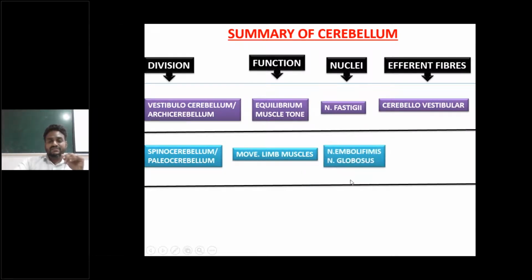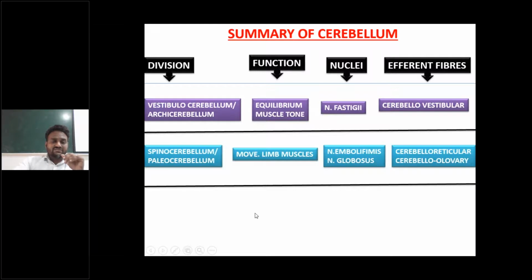There are two nuclei: nucleus emboliformis and nucleus globosus. The efferent fibers of these nuclei are cerebello-reticular and cerebello-olivary.